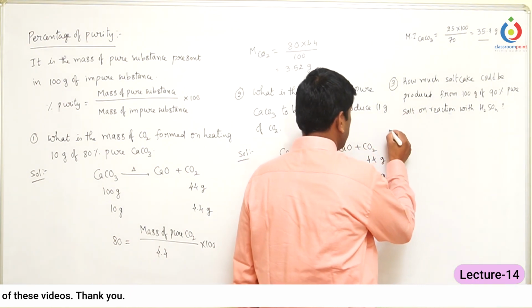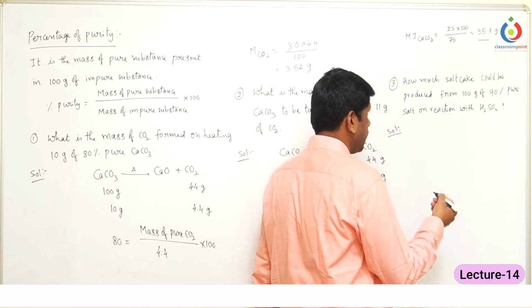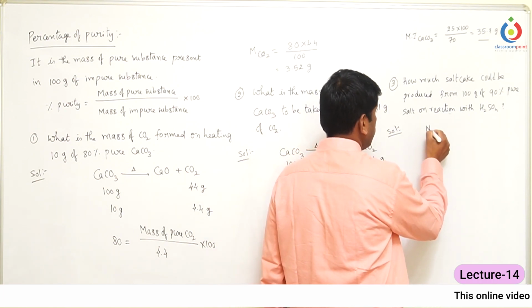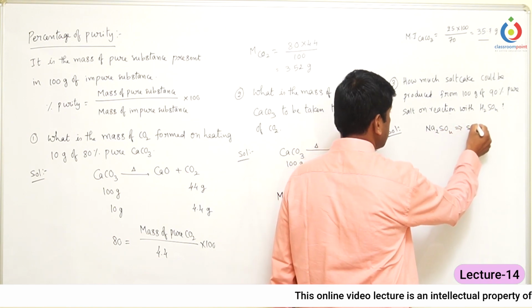So let's write down the equation for this. First of all, you should know what is salt cake. Sodium sulfate, Na2SO4, is called the salt cake.